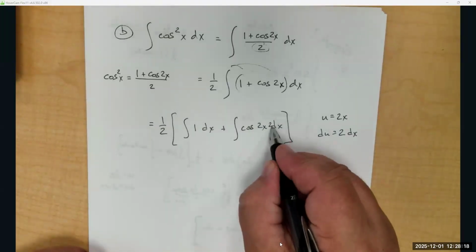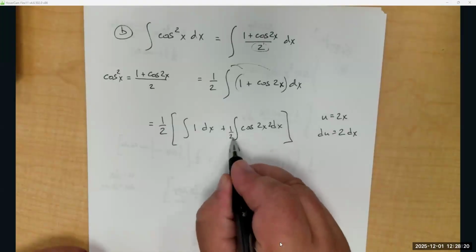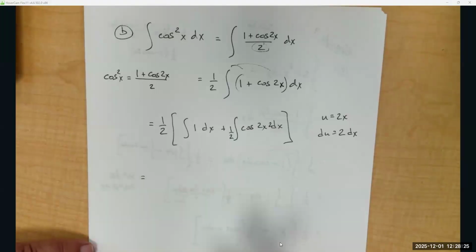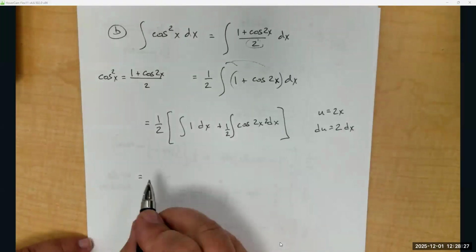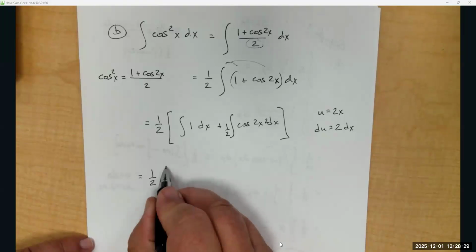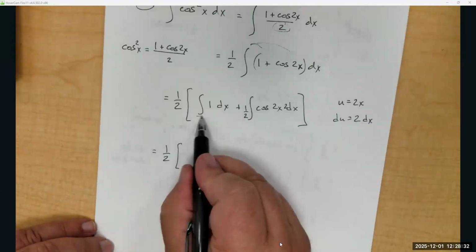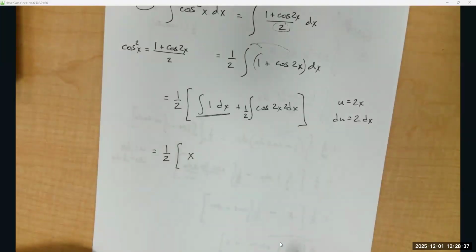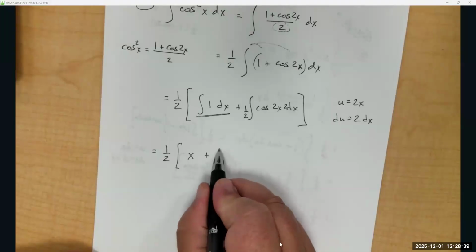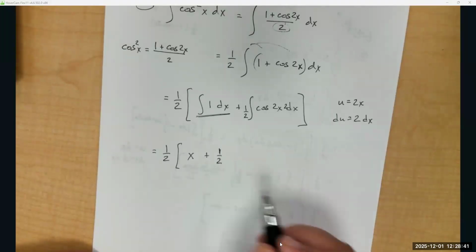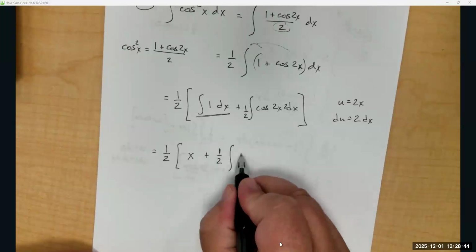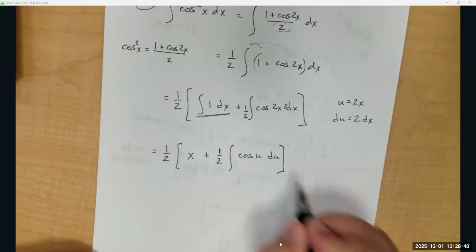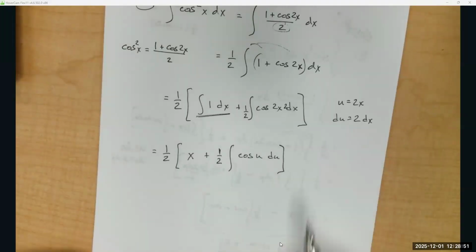It doesn't have a 2, so I put a 2 in front of it and a 1/2 out in front. Oops, yeah, I figured that. So it's 1/2. The integral of this first part is simply x. So this is cosine u du. Substituting both of those in there.